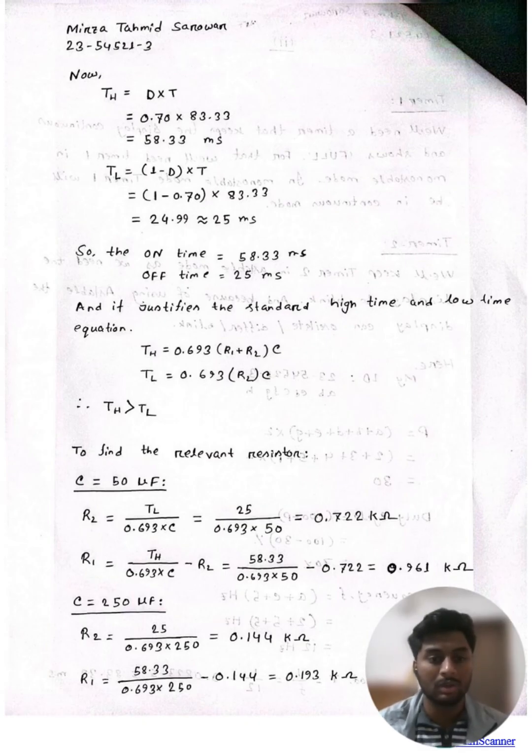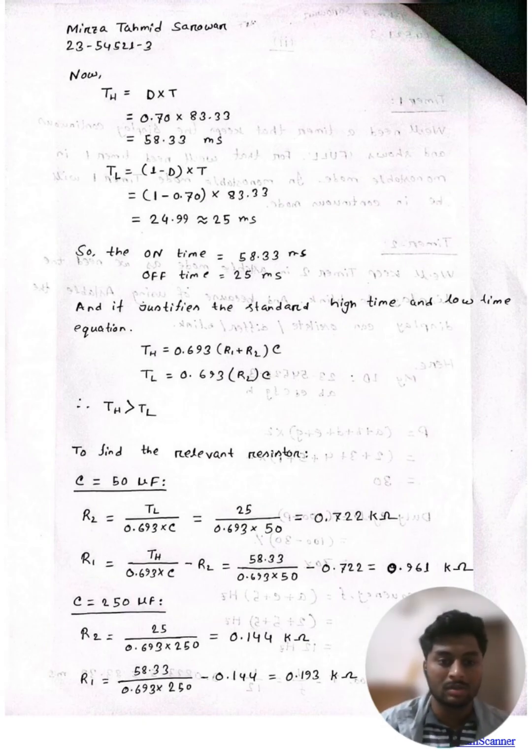The formula for high time is D into T, and I did exactly that. And the low time formula is (1 minus D) into T. So I calculated the high time, which is the on time, and the low time, which is the off time. The on time in my case is 58.33 milliseconds, and the off time in my case is 25 milliseconds.